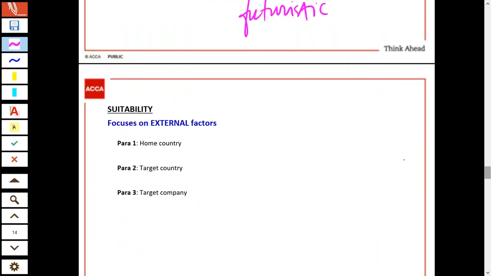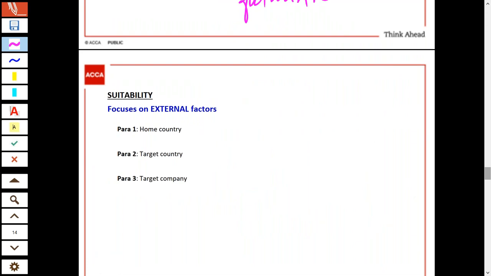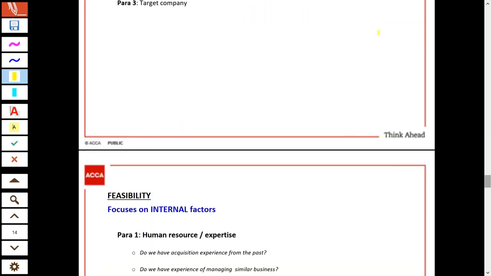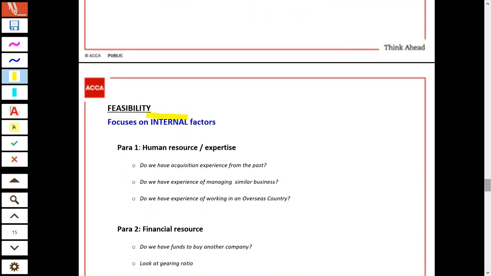Right, so now S stands for suitability. Suitability focuses on external factors. Okay, so let's take an example that we are planning to acquire a company, acquisition, right? So suitability talks about external factors, and if you go down, feasibility talks about internal factors.